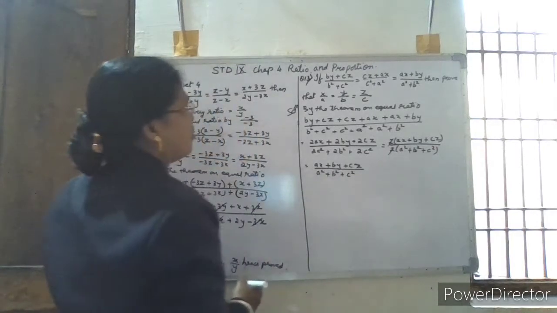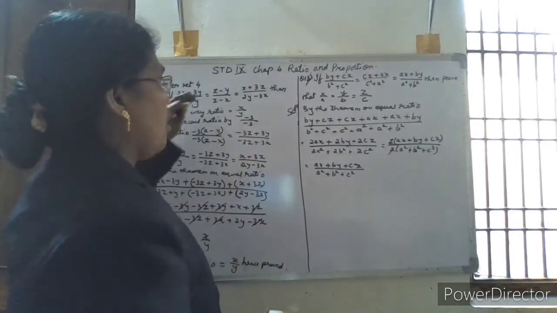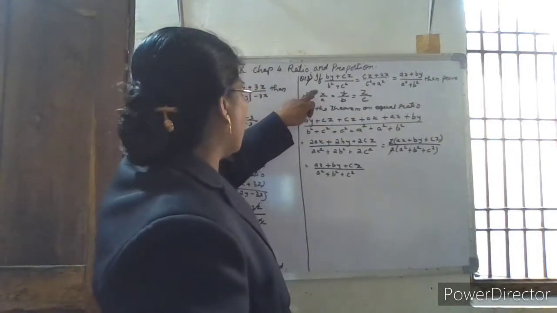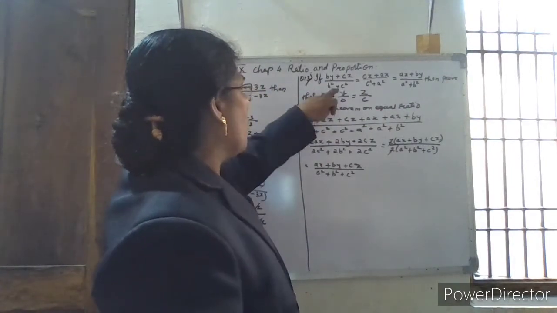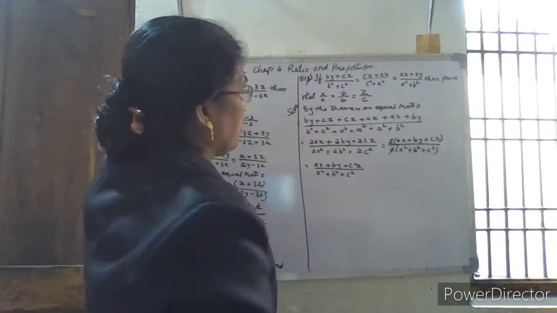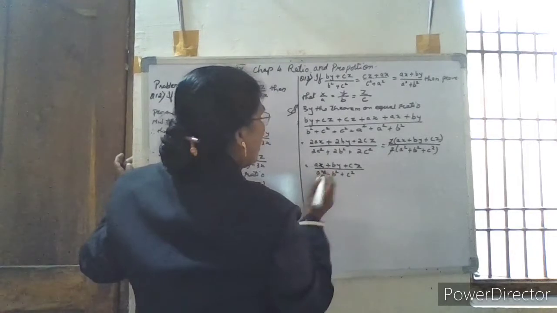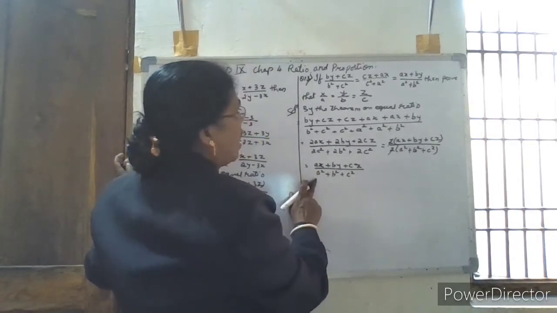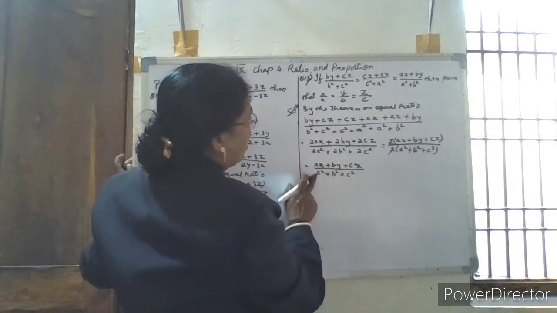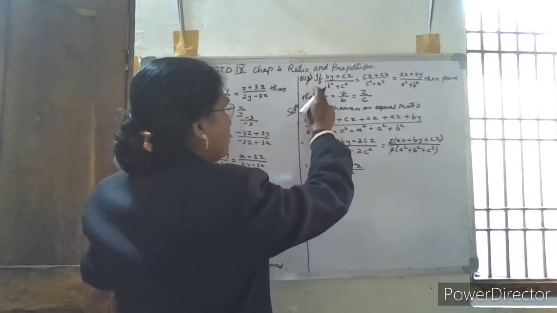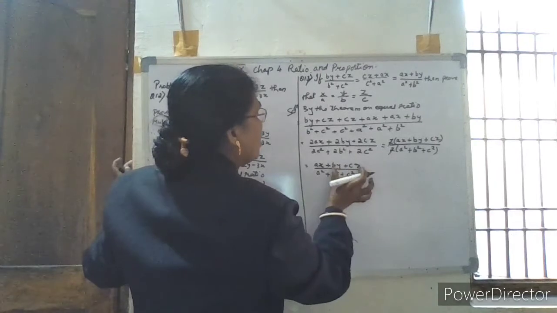Now see here, we have to prove and show that we should get each ratio equal to x by a, y by b and z by c. So ax upon a squared, a will cancel, then x by a will remain. So these two terms, by the theorem on equal ratios, we will subtract.